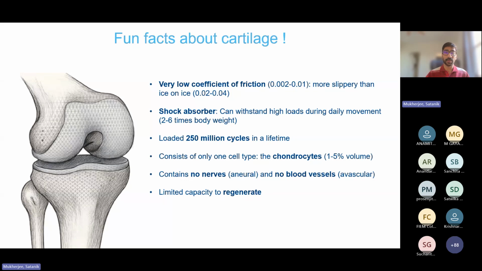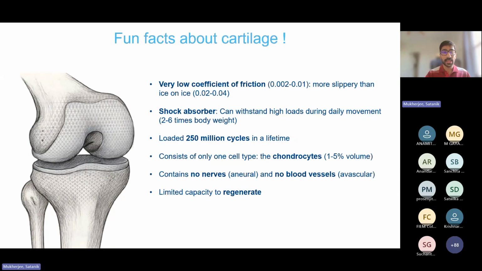If you have a block of ice slipping on another block of ice, as you can imagine, it's already very slippery, but cartilage is even one order of magnitude more slippery than that. So it's a very well-designed material that is very slippery, that enables smooth rotation and movements of the joints without causing any issues. And also the cartilage is very strong mechanically.